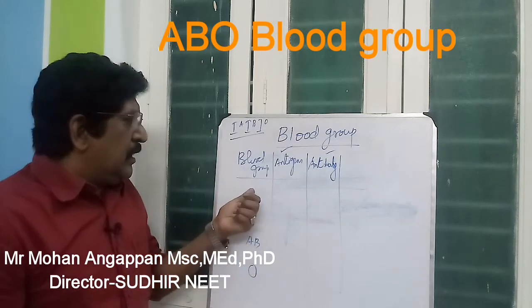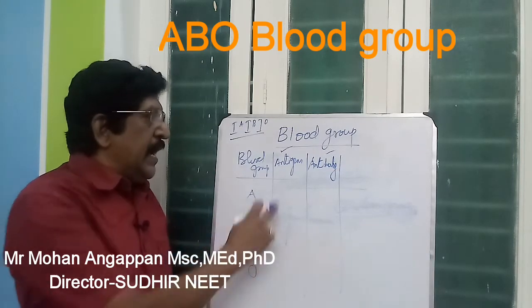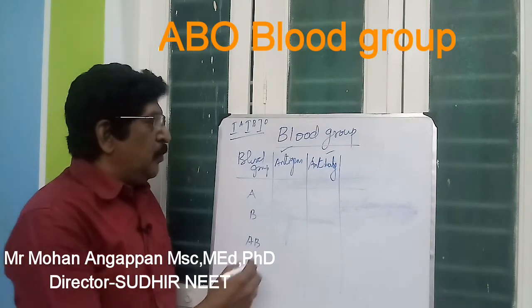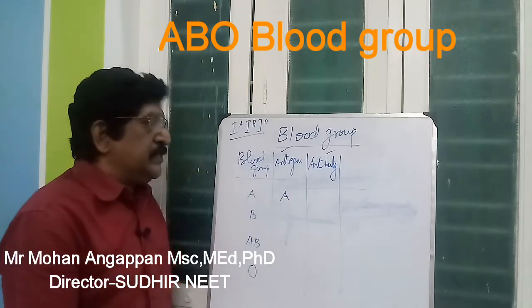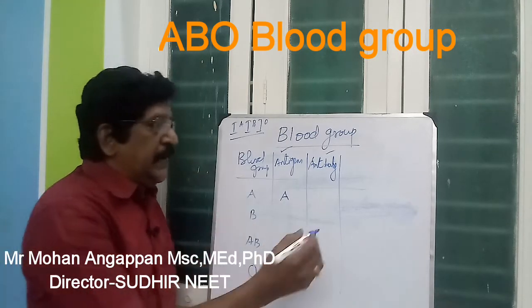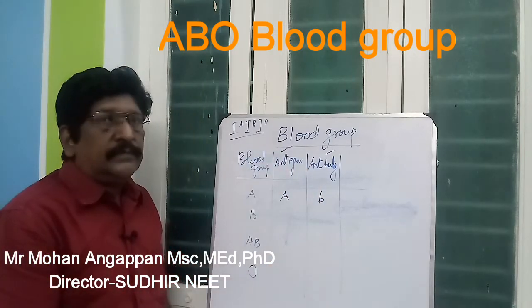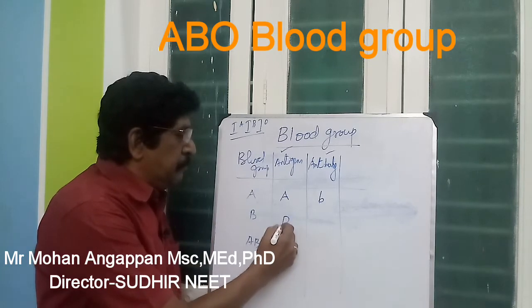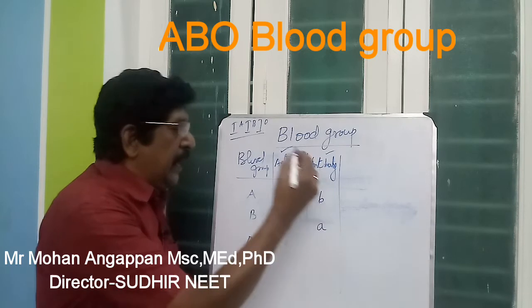Right. Coming to the blood groups A, B, AB and O, what are the antigens and antibodies present here? In the blood group A, antigen A is present, antibody B is present. In the B group, antigen B is present, antibody A is present.